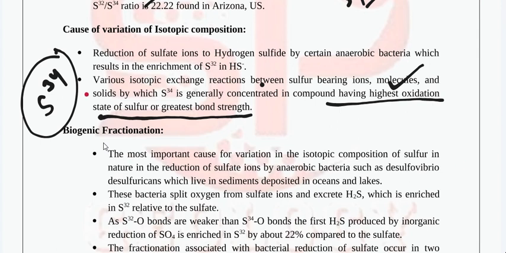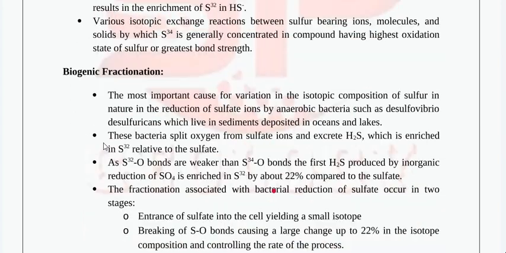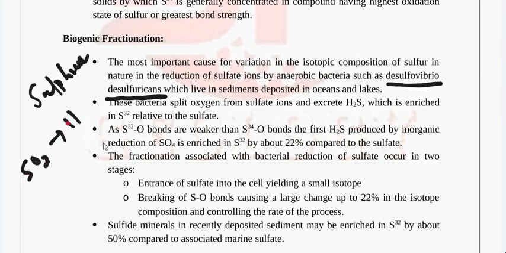So what happens in biogenic fractionation? I have already told you that in living organisms, in nature, lakes, anywhere, sulfur is present. The biogenic decomposer for sulfur is Desulfovibrio desulfuricans, the name of the bacteria. This decomposes SO2 to HS minus.